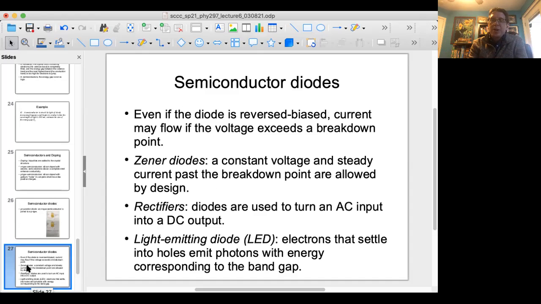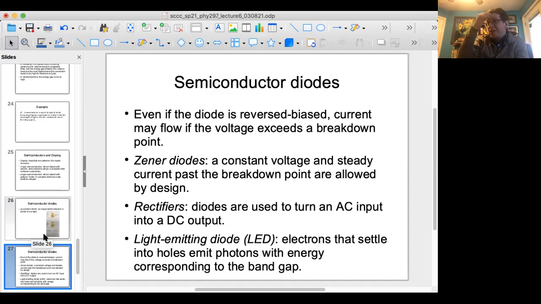And so you can still get flow if the voltage exceeds a breakdown point. If you reach a minimum voltage that you're exposing the electrons to, they'll be energetic enough to cross into the N-type portion of the diode, and you'll have current flowing.